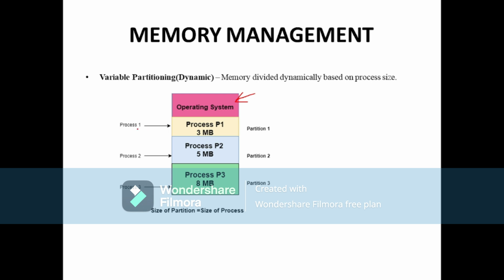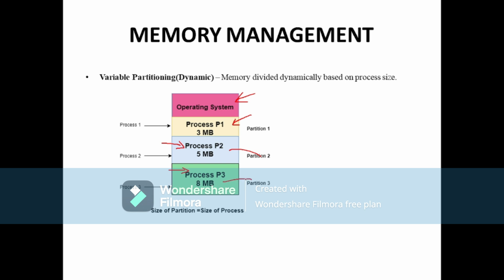Suppose the process P1 comes to the RAM, and the size of process P1 is 3 MB, so the partition size is also 3 MB. The first partition is made for process P1, whose size is 3 MB. Then the next process, P2, comes, and its size is 5 MB. So the second partition is of size 5 MB because that is the size of our process. Then suppose there is a third process P3, whose size is 8 MB.